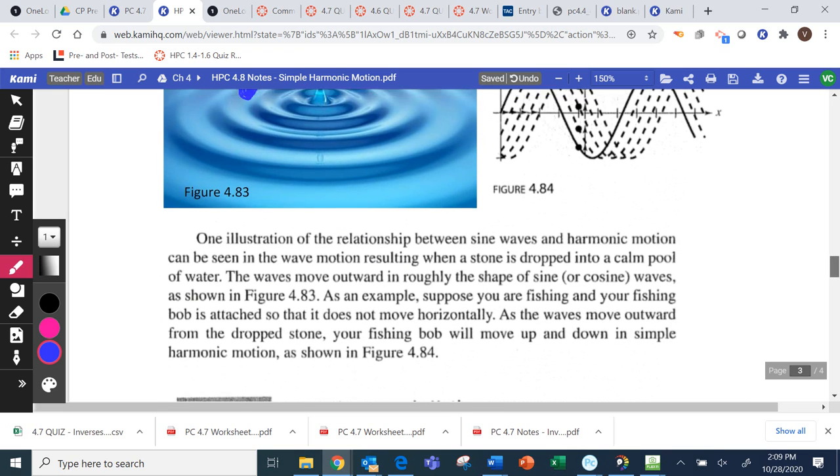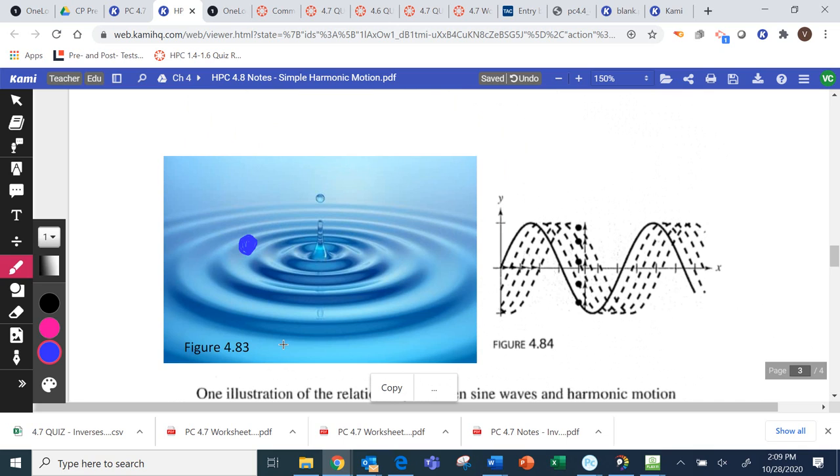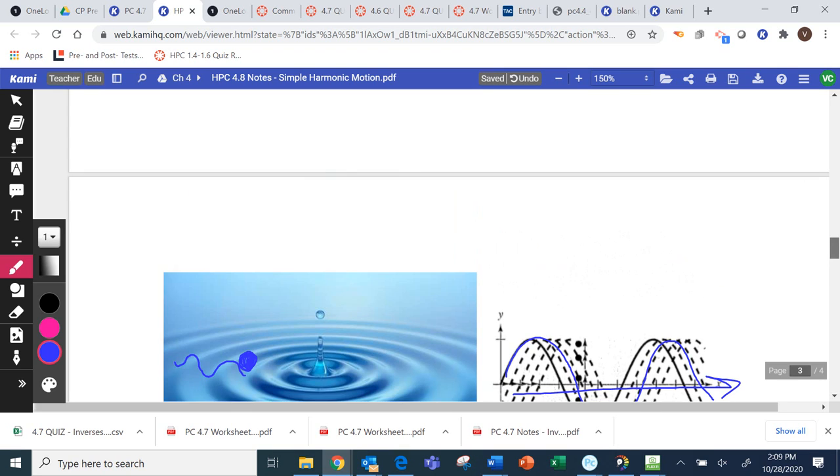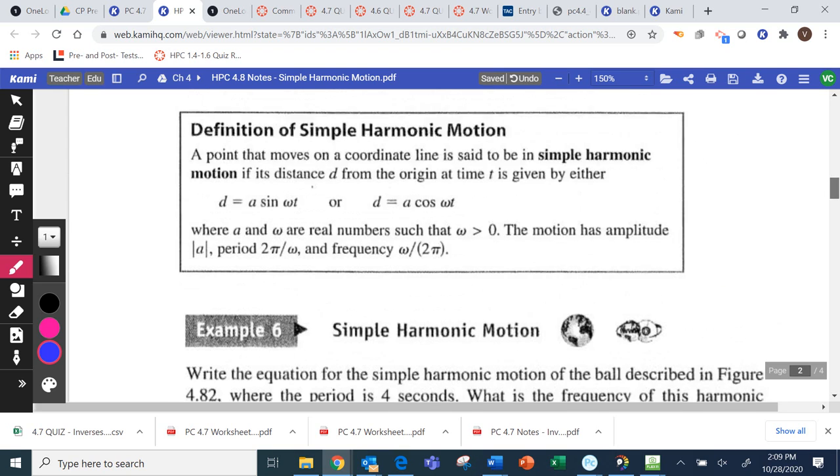It's called a bob. Anyway, it's because this bob goes down and up and down and up and down. And there's the graph of the bob going down and up over time. So at a different time period, it's up, where at a different time period, it's down. So this kind of thing does happen in real life.